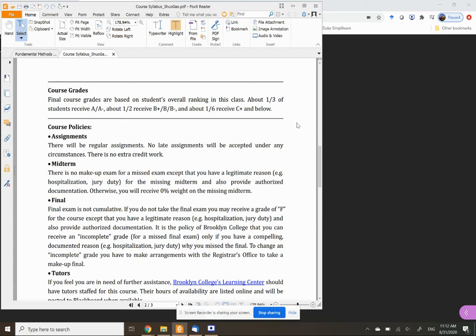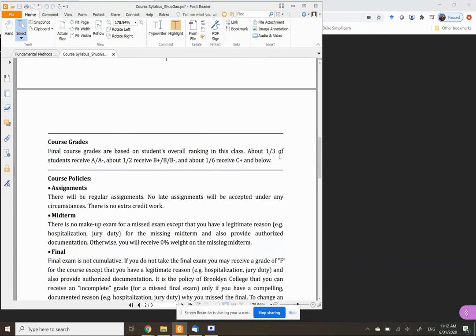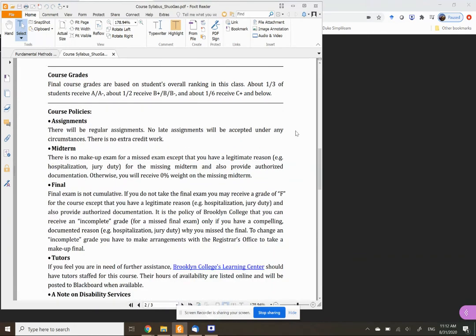But there's an exemption. If everybody performs so well, for example if everybody's grade is over 90, so everybody got very good grades in the midterm and final and you cannot differentiate them, then all of you will get A level, A or A minus. But this is the only exception.